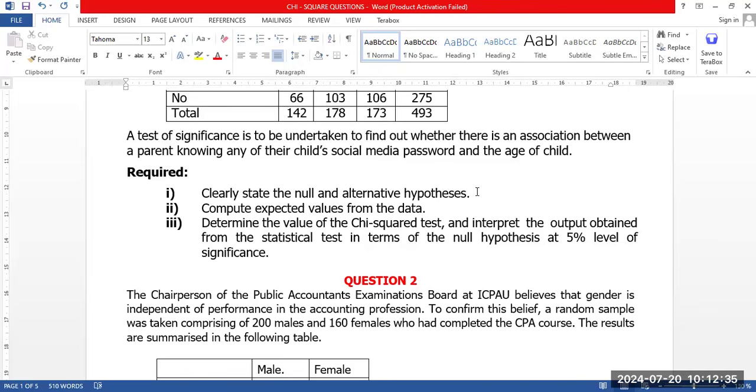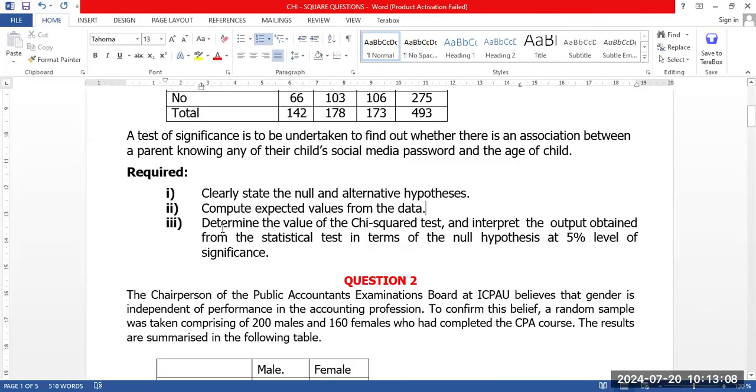So as you analyze, you need to know that if he or she stated the opinion or the belief or the assumption, that belief is the null hypothesis. Then the opposite of what that person stated will be your alternative hypothesis. Then we need the expected values.